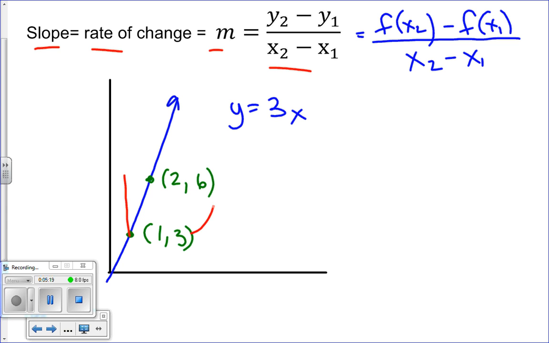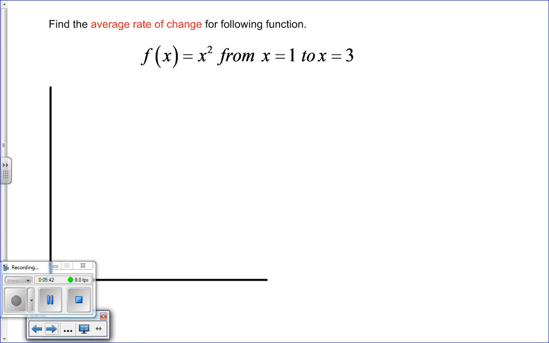In this case, it's going to be from 6 to 3, which is 3. And the change of the x-coordinate is going to be 2 to 1, which is just 1. And so then your slope is going to be found by taking the change of the y, which is 3, over 1.